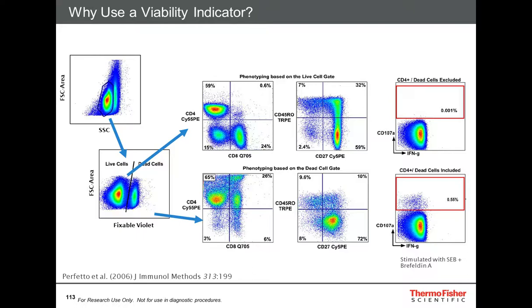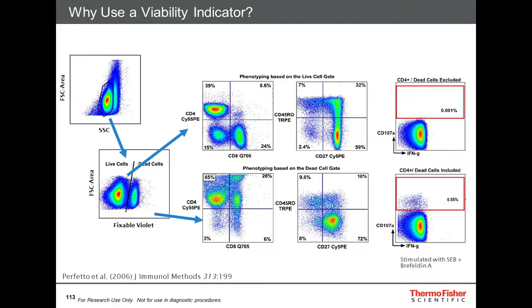So here's an example of the importance of using a viability indicator. Forward and side scatter, we know, are not to be used for dead cell indication because they really are not a good indicator of viability. If you gate here on the upper left panel, you see a forward and side scatter gate, using log side scatter as the Perfetto and Herzenberg and Roederer lab often do.